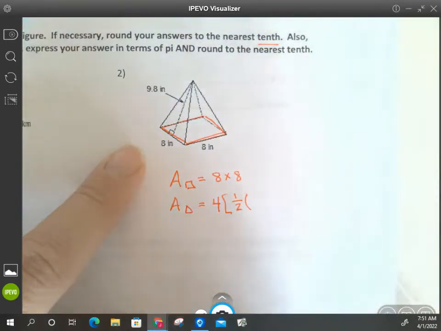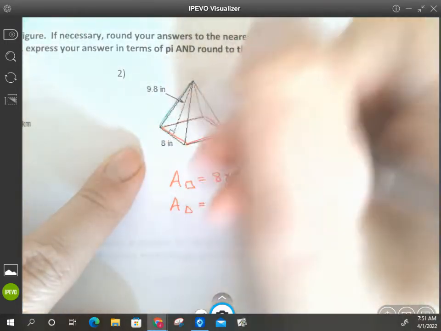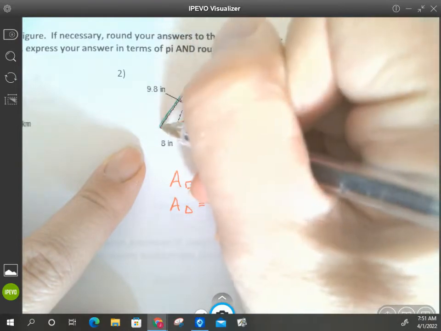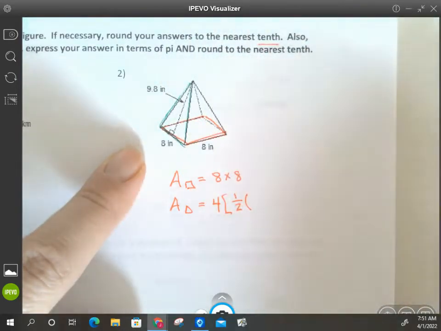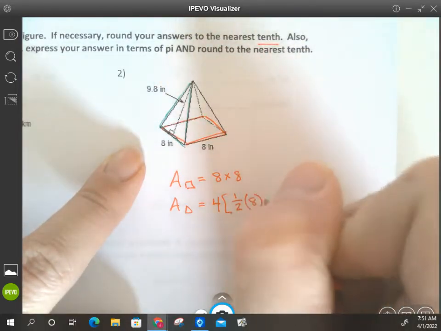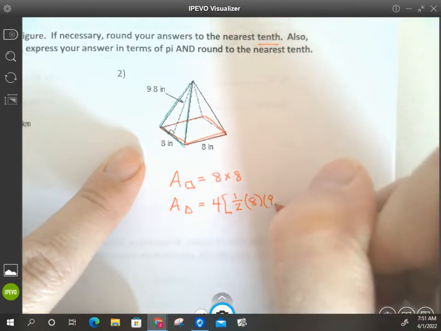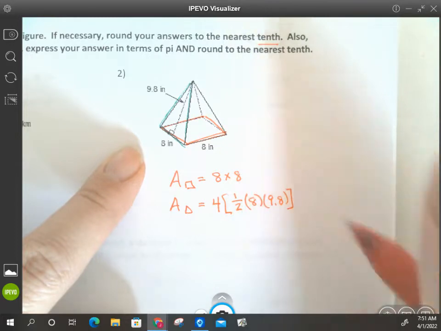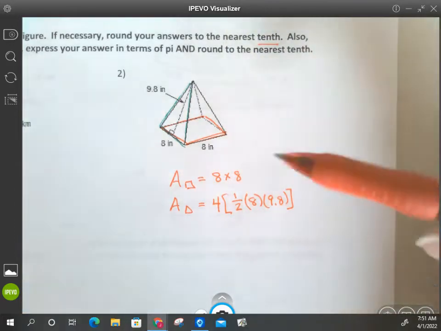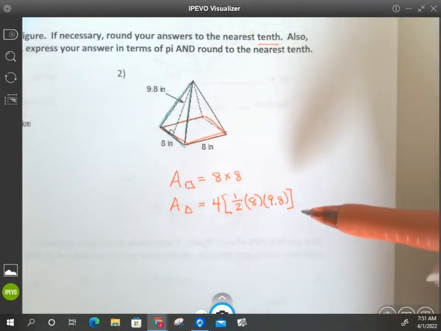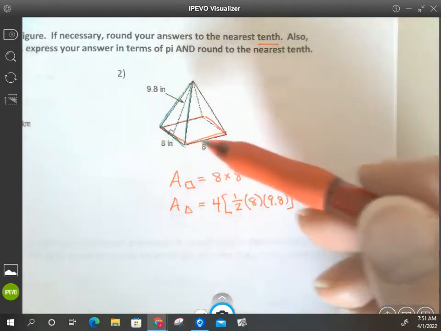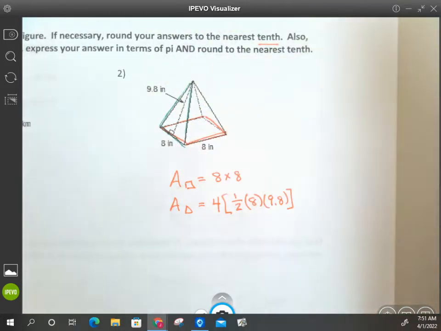Can you picture the triangle here? What's the base of my triangle? 8 times the height, which I want on the side, which is 9.8. That's it. That's all you're doing there. You've got 1 square base. You've got 4 congruent triangles because all the bases are 8 and they have the same height.